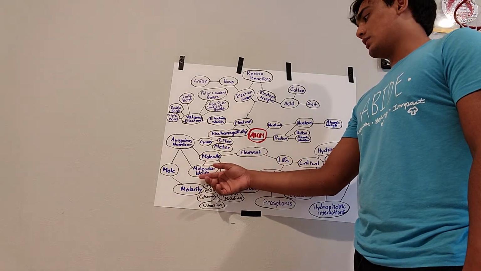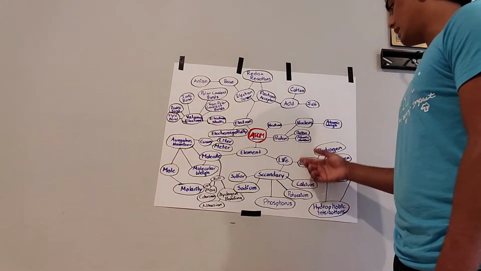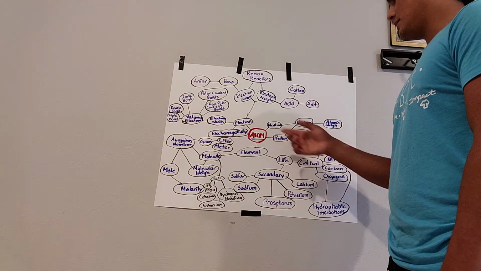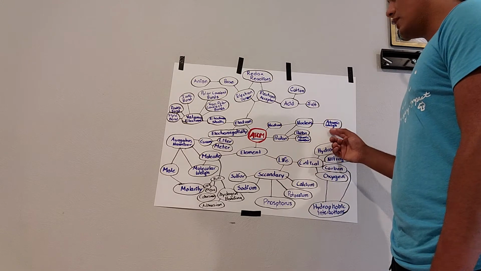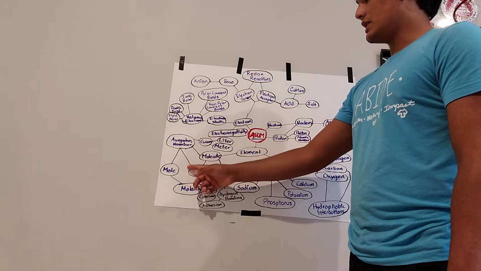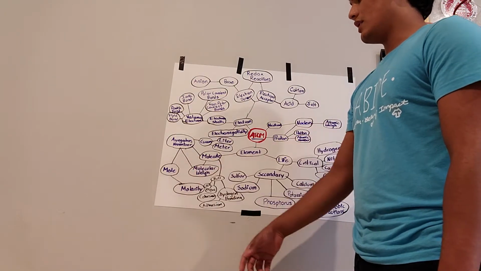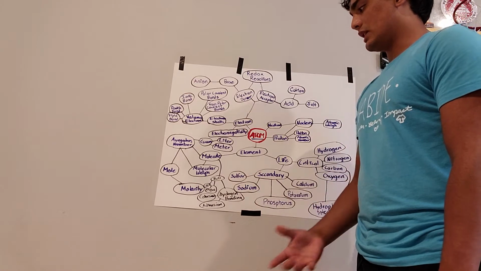Molecules have a molecular weight, which is the sum of all of the elements' atomic weights in that molecule. And then you have Avogadro's number, which can be used together with molecular weight to find the mole of the desired molecule or element.